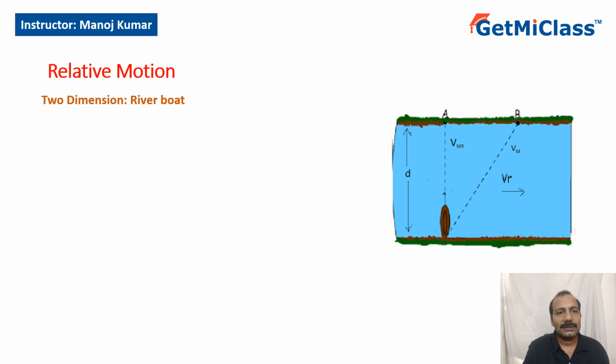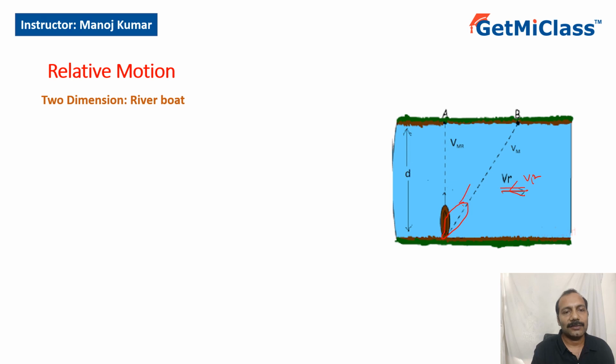If the boat wants to cross the river with minimum possible displacement, I'll just make small changes to this. Let's say this is velocity of river, that means the river is flowing in this direction now. And the boat, instead of going like this, because the river is taking it downstream, has to move like this.